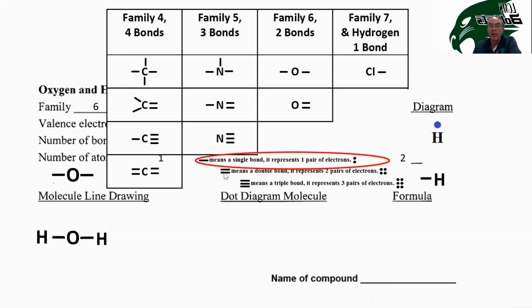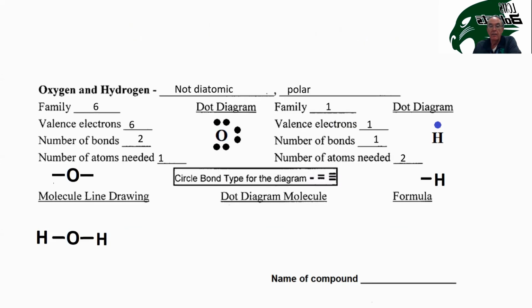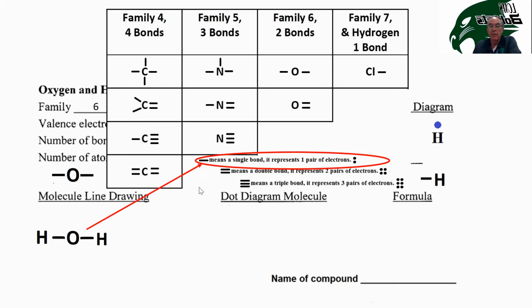To our dot diagram, we remember that a single bond, okay, it represents a pair of electrons. So in order to make the dot diagram, we write down the same element symbols exactly the way we got them over here. And we remember that a single bond, this dash, is a pair of electrons. Okay?